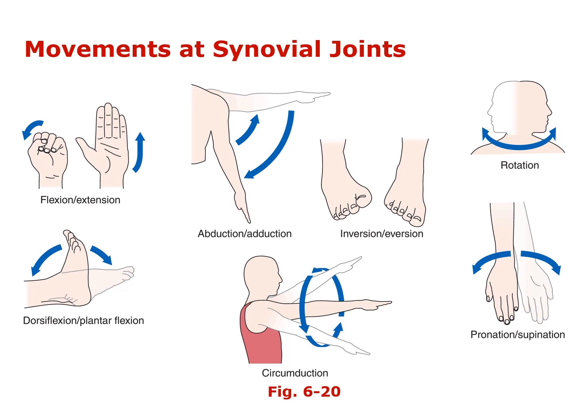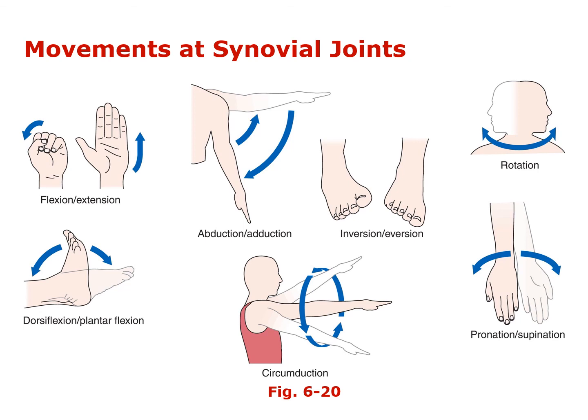So for your hand, for your fingers, let's flex our fingers. Flexion means bending. To flex something is to bend it. Extend means to straighten. Straightening our fingers. Flexion, extension. Flexion, extension.